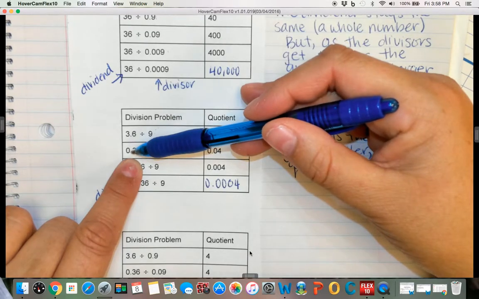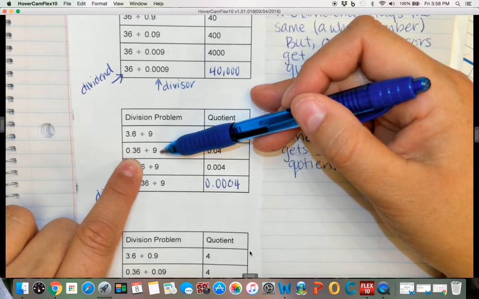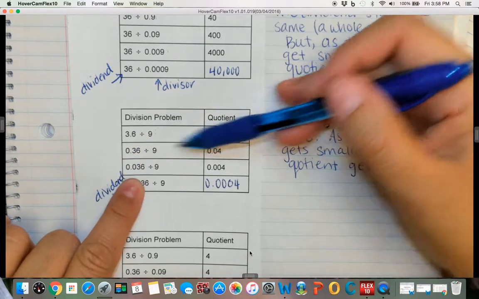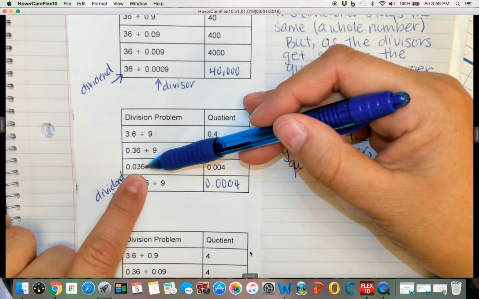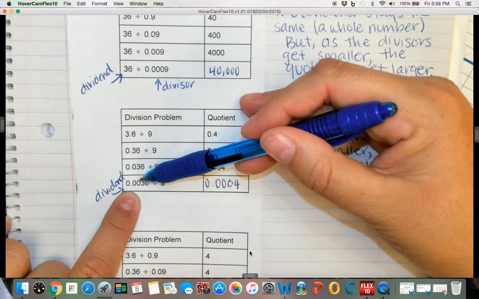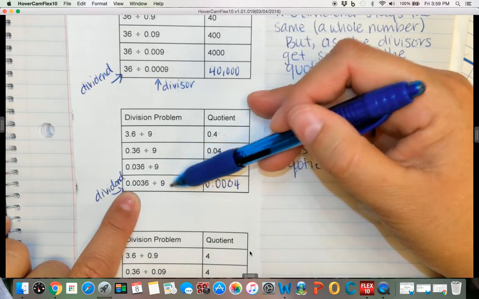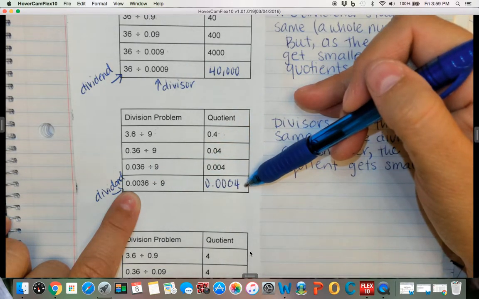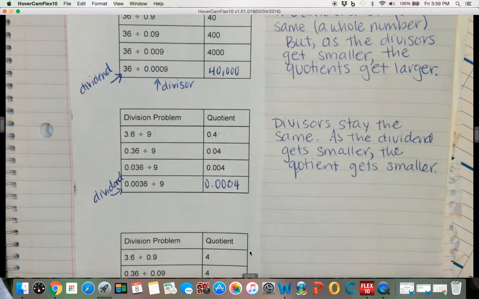Here I divide 100th by a whole, I get 100th. Here I divide a 1,000th by a whole, I get 1,000th. Here I divide a 10,000th by a whole, I get a 10,000th. All right.